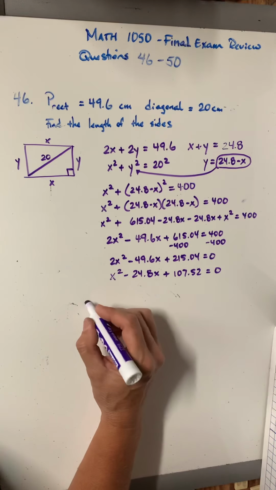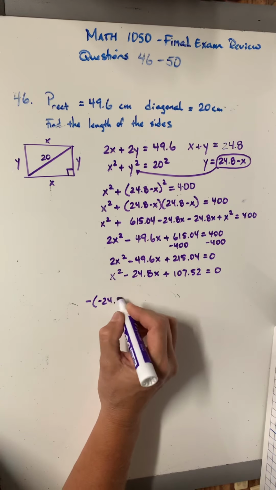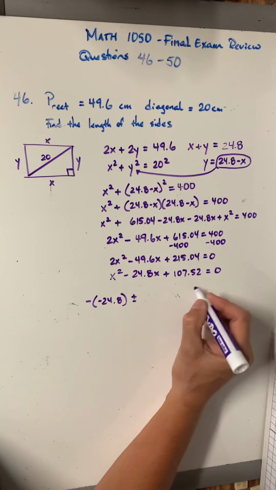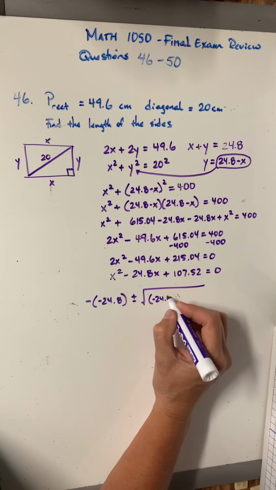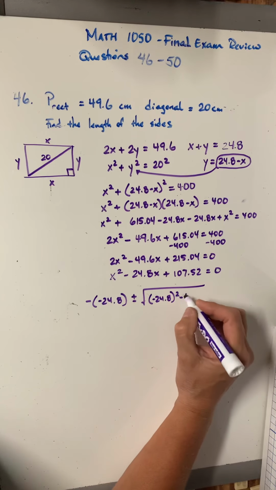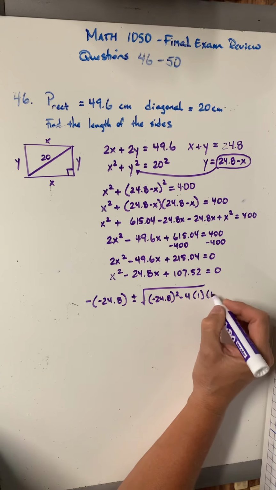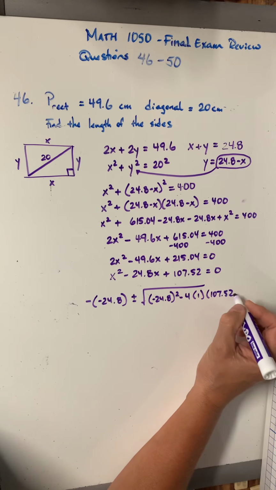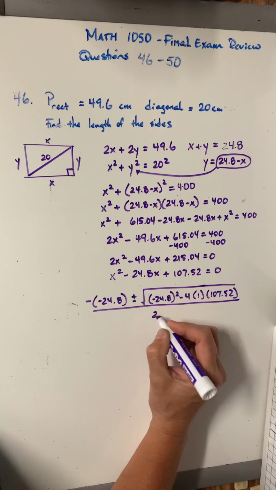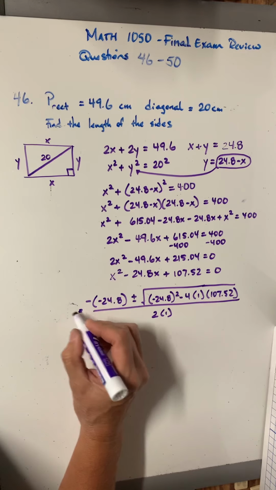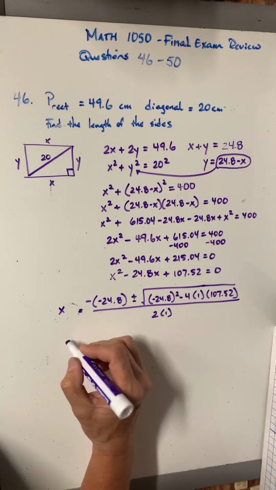So I get negative b plus or minus the square root of b squared minus 4 times a times c, all over 2a, and that will give me my x.